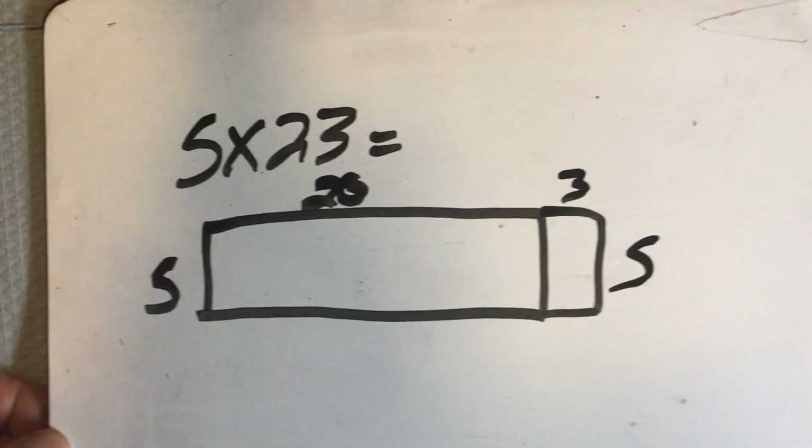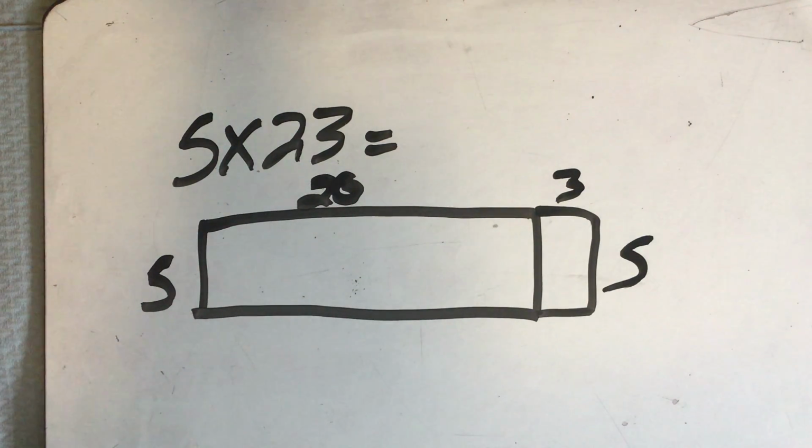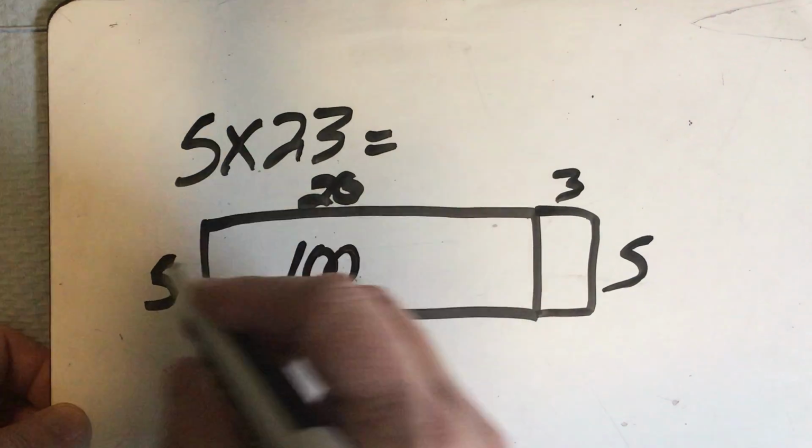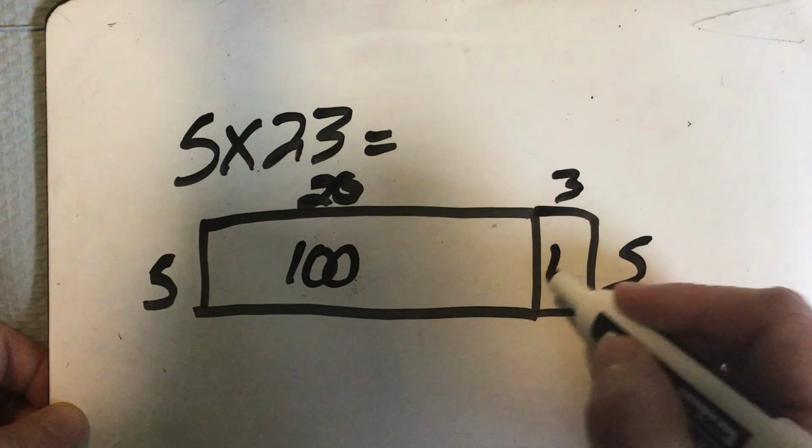I'm going to break this into a friendlier number, because 23 is kind of an odd number. 5 times 20 was 100, and 5 times 3 was 15.